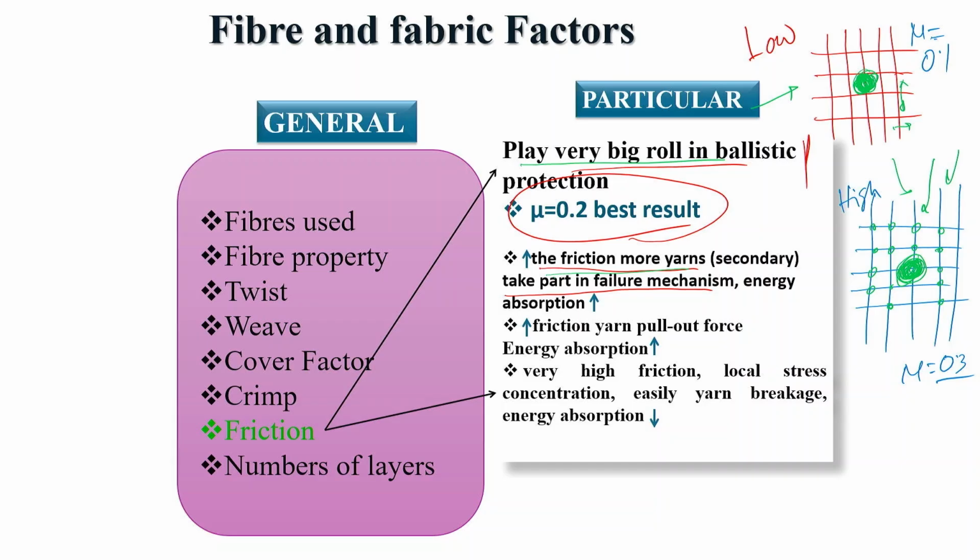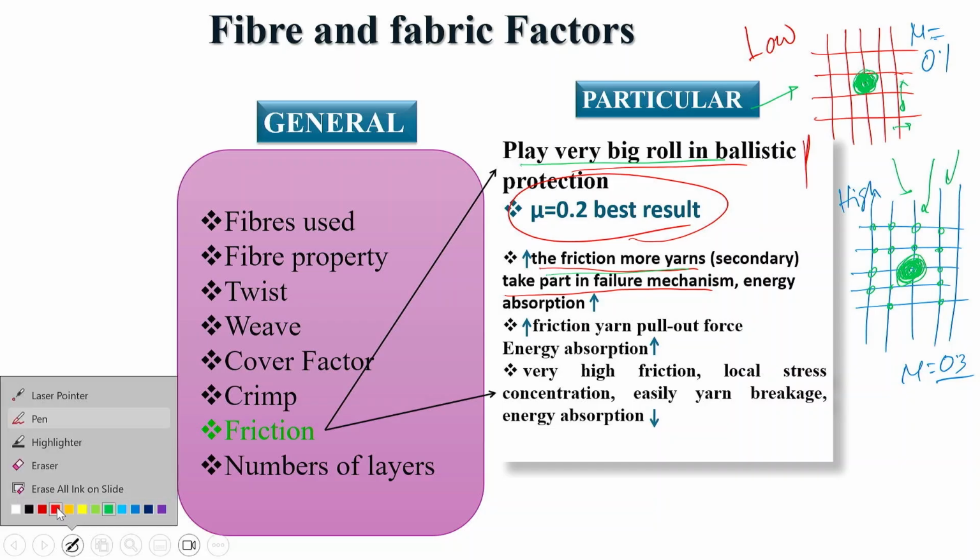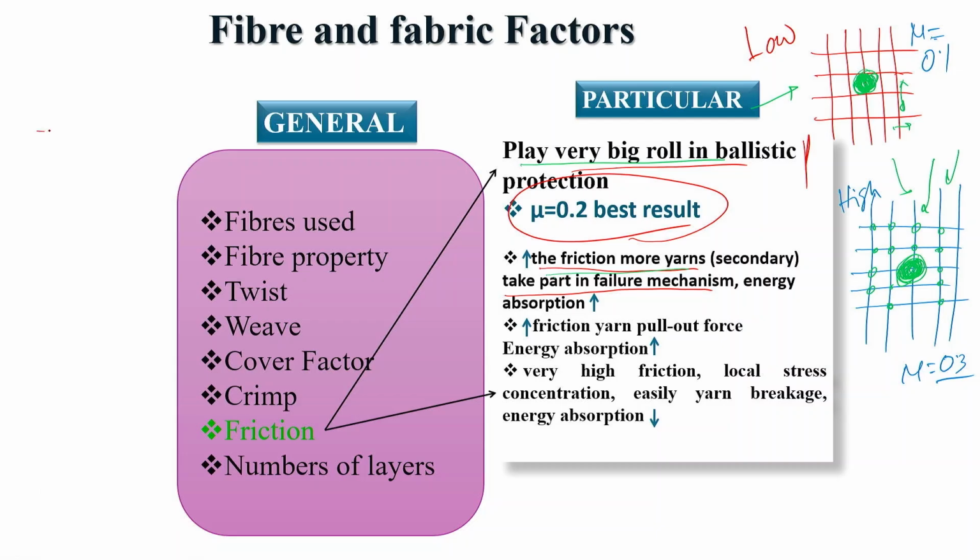Another case, suppose there is a lower friction. In that case what will happen, this is the fabric structure and a ballistic projectile hits this way. The yarn where the projectile is directly striking will be pulled out on the other side.